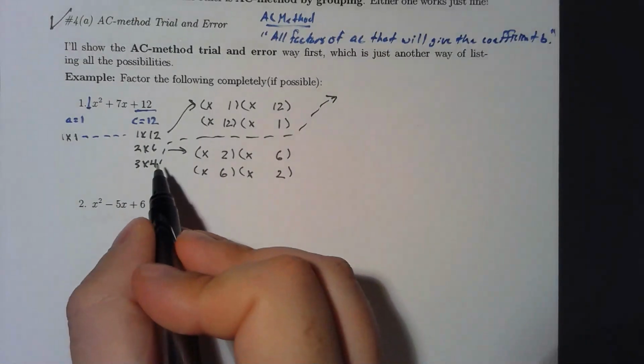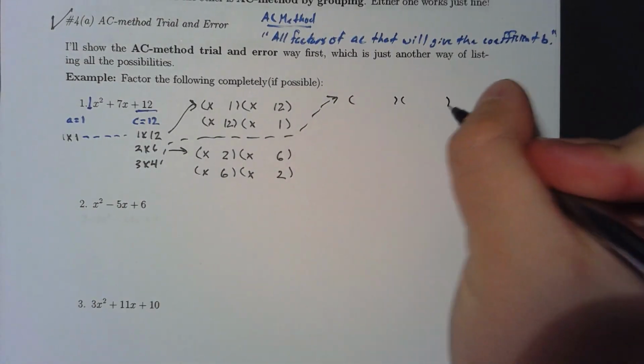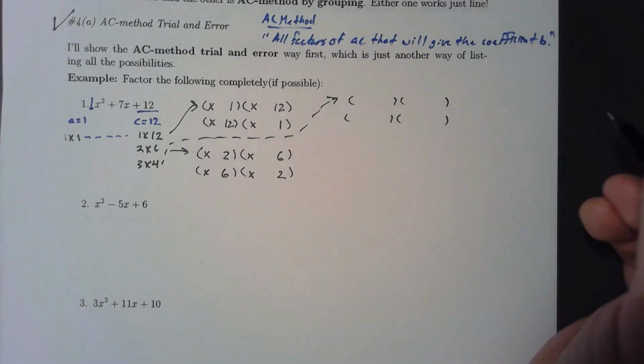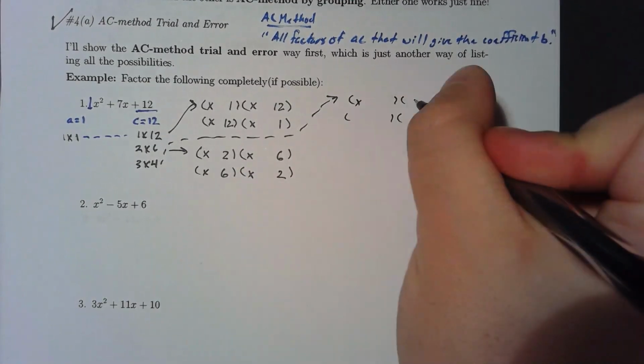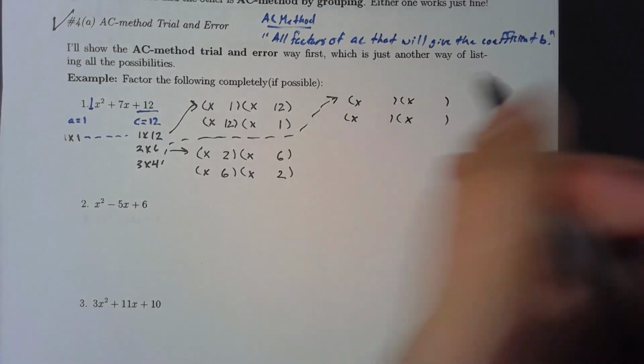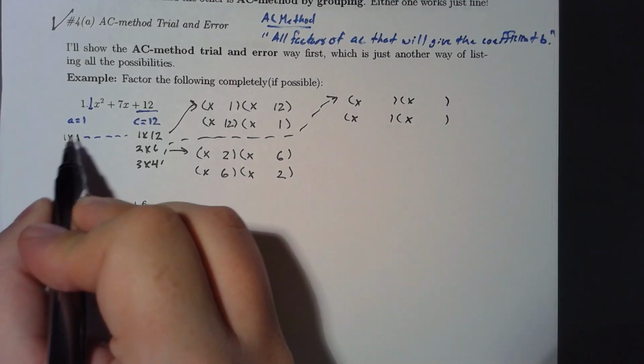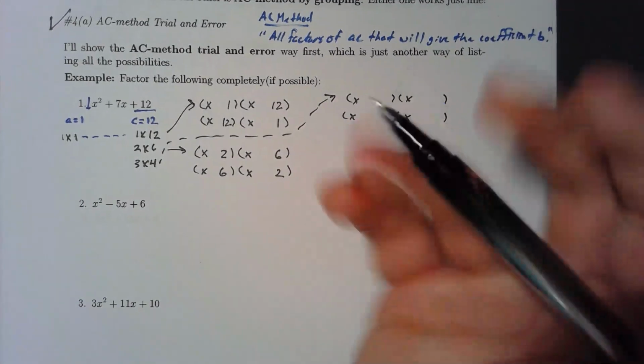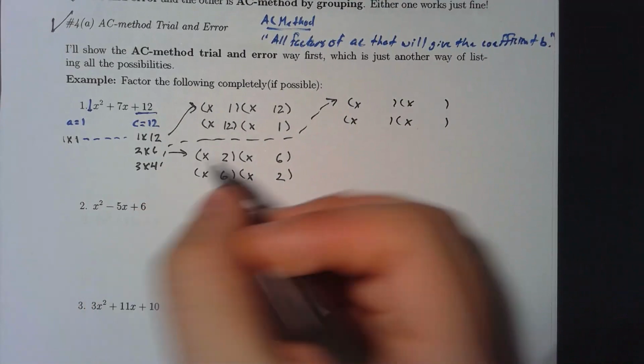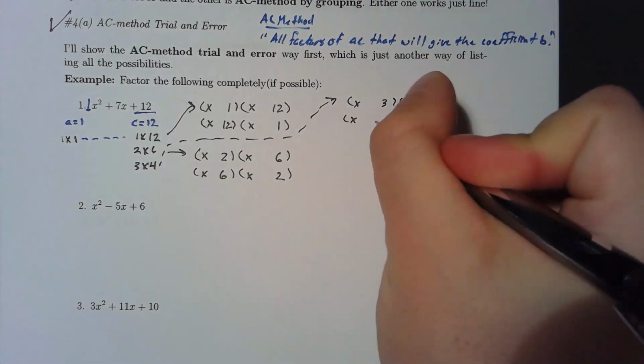So the last pair is going to be two more possibilities. So that's going to be X, X, X, and X, because 1 and 1, and if I flip 1 and 1, I'm still going to get 1 and 1, right? Obviously. And then 3 and 4, or 4 and 3.